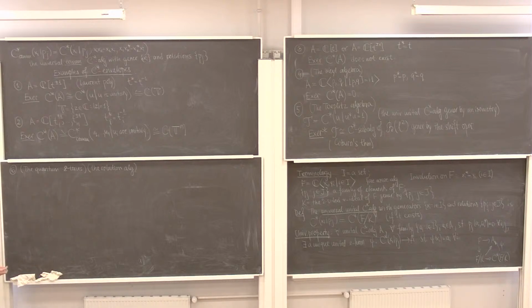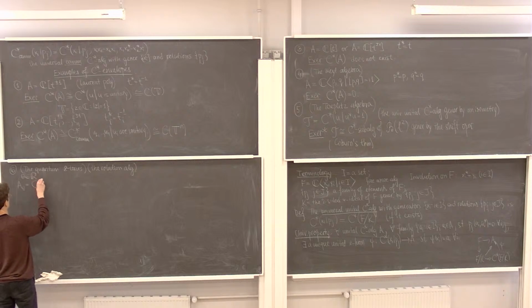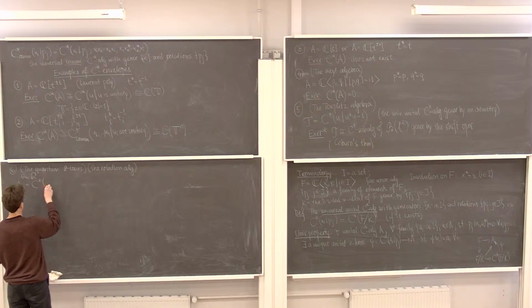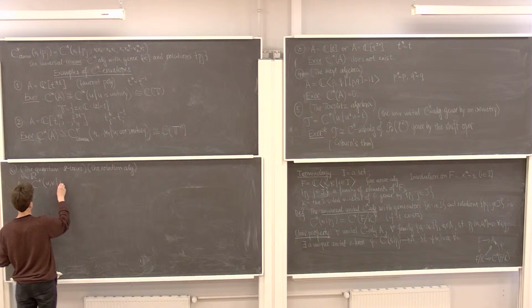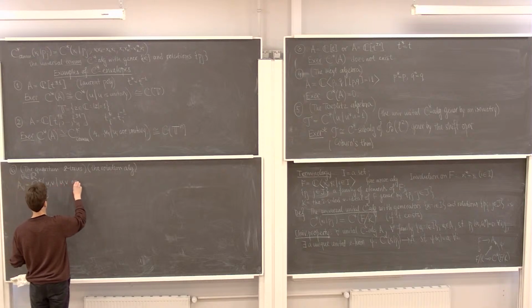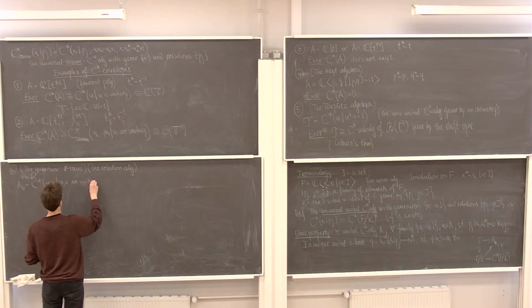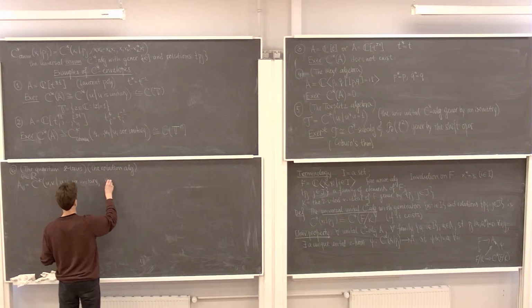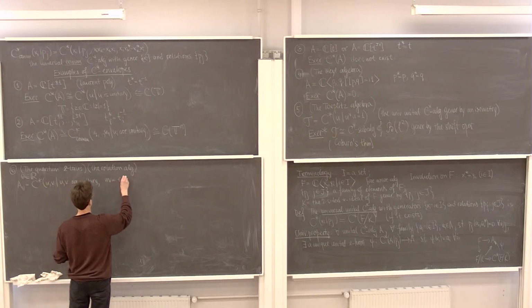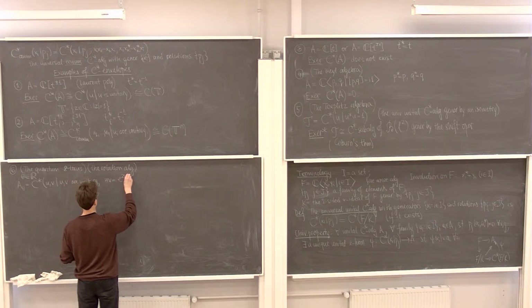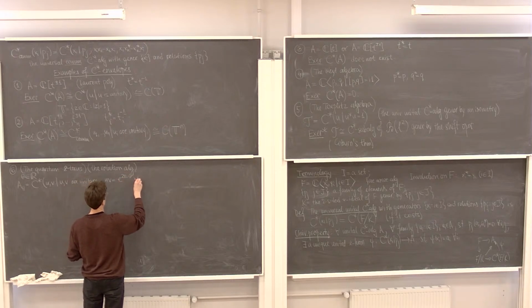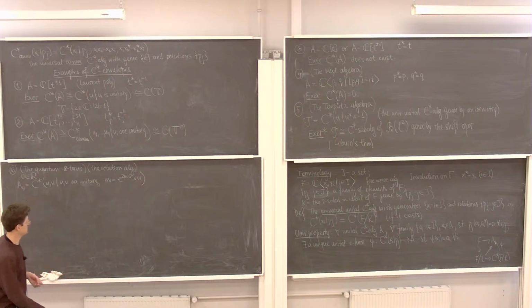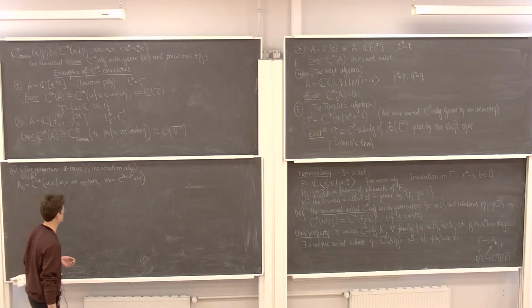So we take a real number theta, and we define A theta to be the universal C-star algebra generated by two unitaries, U and V, satisfying the following commutation relation. UV equals the following exponent times VU. So this is the commutation relation between U and V.